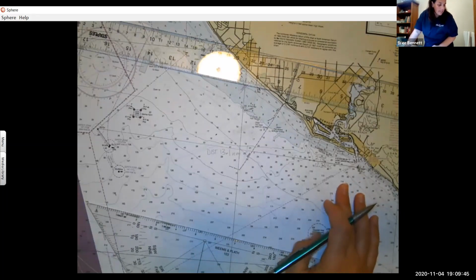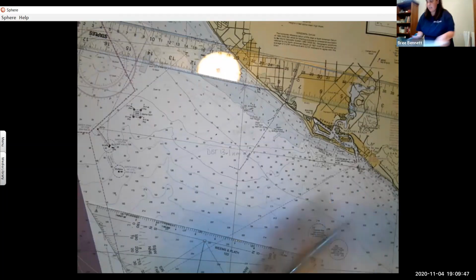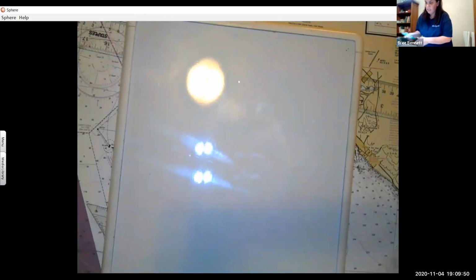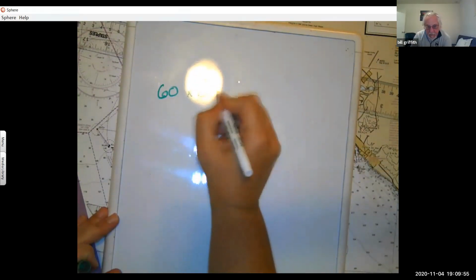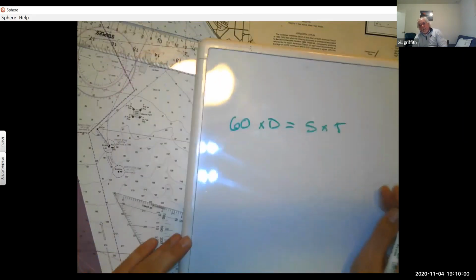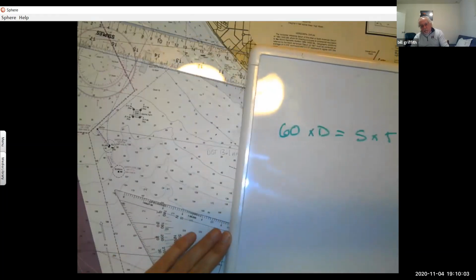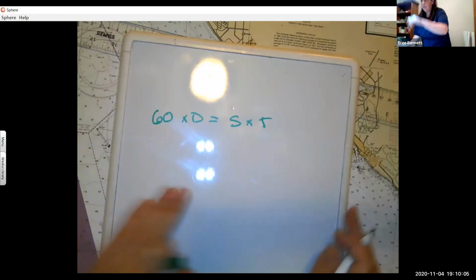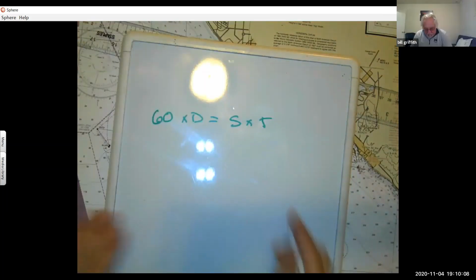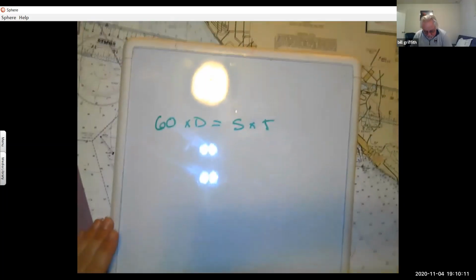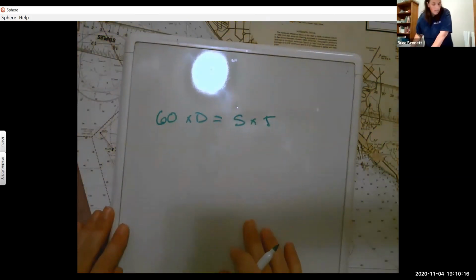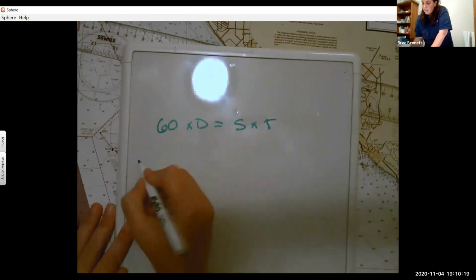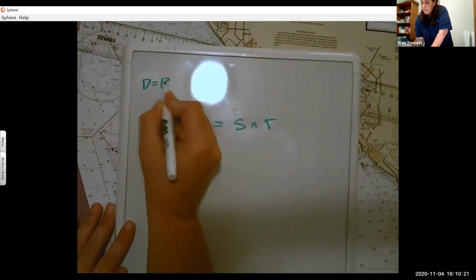What is our estimated time underway? So we go back to our 60D Street. We have our distance was 13.1.